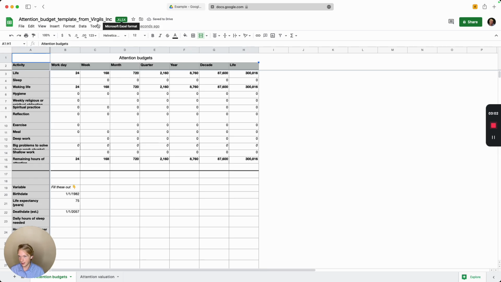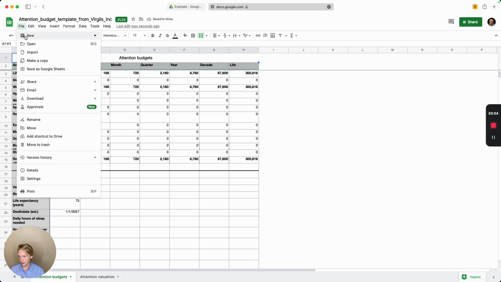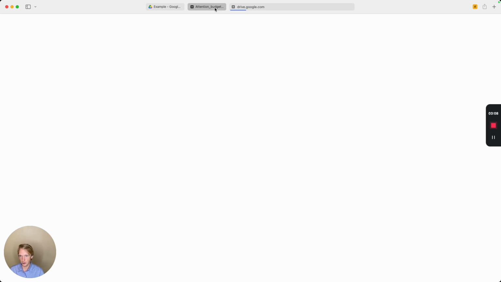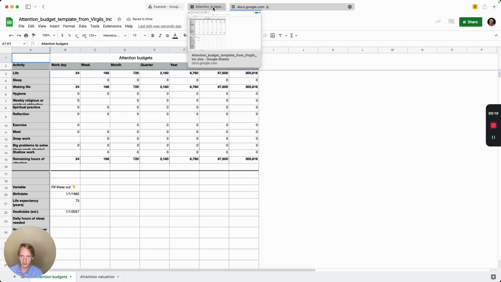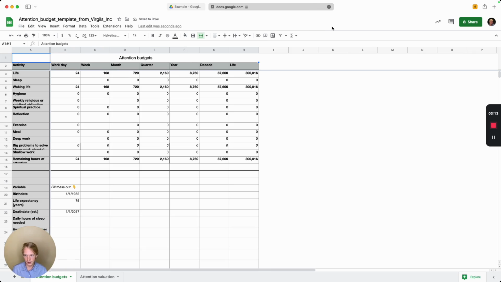See, so it reads it as an Excel file. I'm going to save it as a Google Sheet. I don't know if it really makes a difference, but I'm just going to do that. So that makes it easier if I want to share this with my spouse, for example. I can do that. We can add comments, etc. But the sharing feature is always nice.